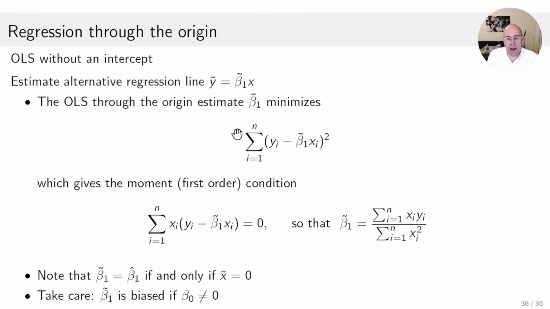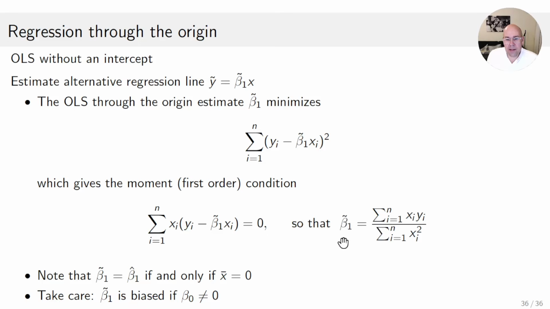We're going to minimize, if we think of it in terms of a goal function, the sum of squared residuals. So it would be yi minus beta 1 tilde xi, squared, which gives the first order conditions. Exactly, it gives one first order condition because we only have one parameter. It looks like this, which corresponds to the second one we had before, because the first one is now gone.